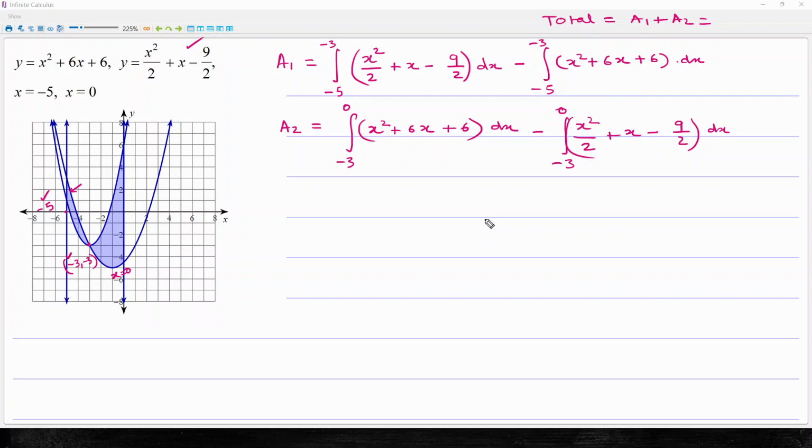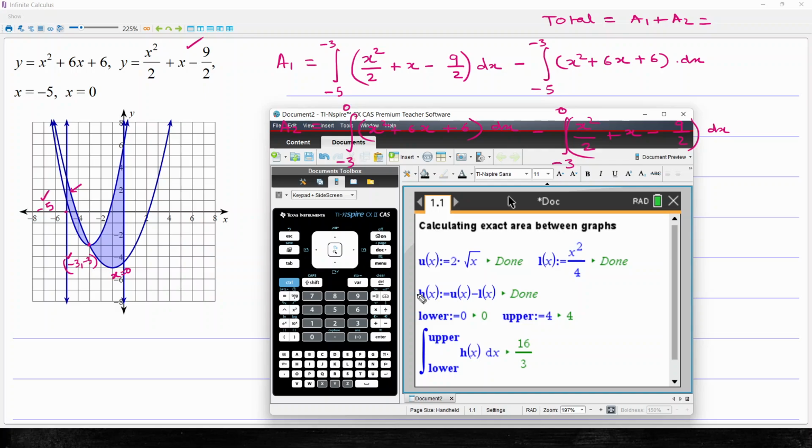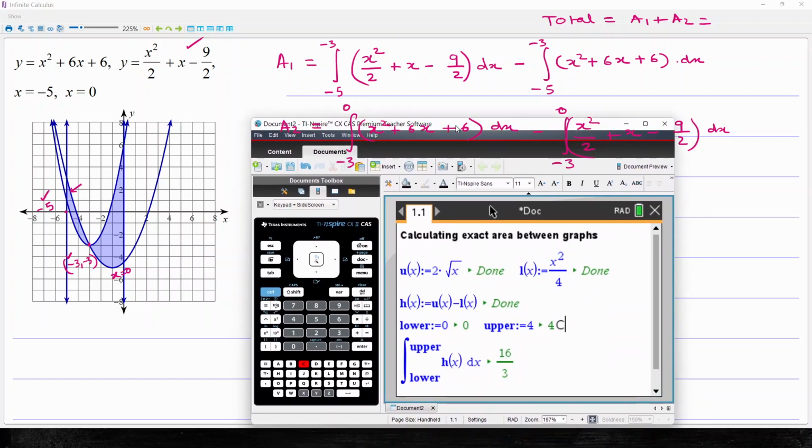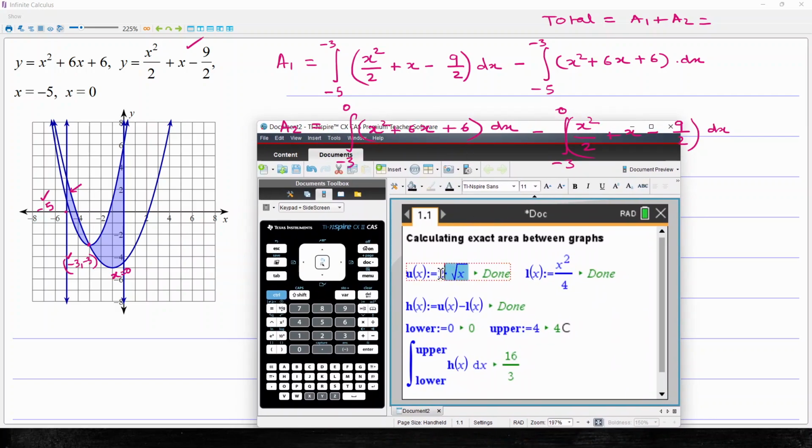Now let's use our CAS calculator to do this efficiently, save some time. So in our calculator, we are going to enter the upper function and the lower function.